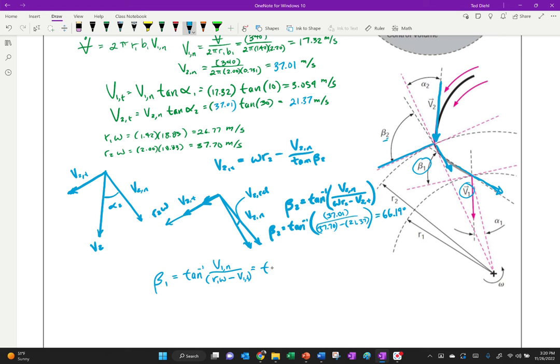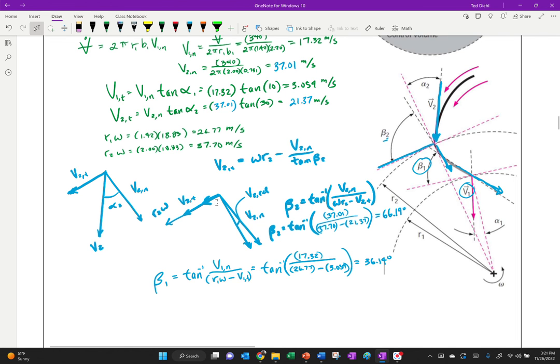All right, so inverse tangent of V1n, which is 17.32, divided by R1, so that's 26.77, R1 times omega, and then minus the tangential one, which is small, 3.054. And we end up with an angle of 36.14 degrees. So that's what we're going to recommend that we use as this blade, because this is a quote-unquote design problem.